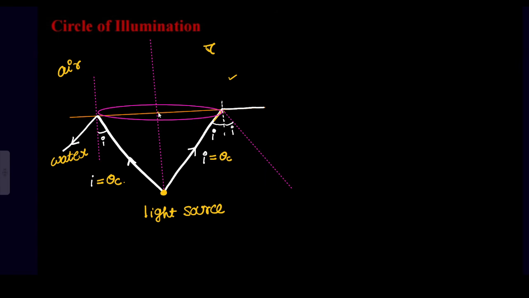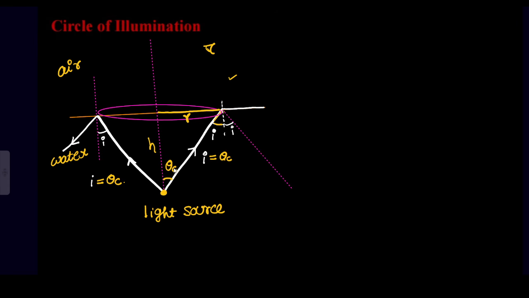And so we can see this will be a certain radius. If I call this R, this is the radius. The radius of this circle is R, and this height is H. Now this angle is equal to theta C, then this angle is also theta C only.